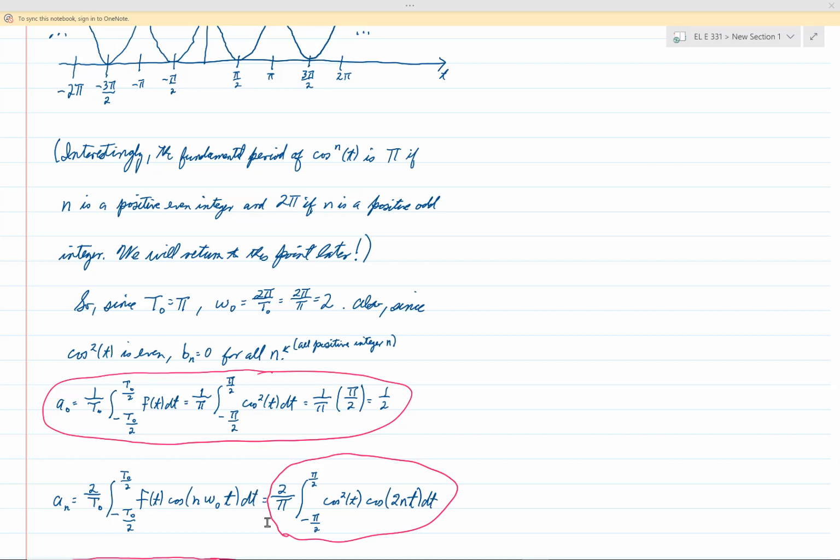And so in this case, since t naught is equal to pi and omega naught is equal to 2, that will become 2 over pi times the integral from minus pi over 2 to pi over 2. And then, of course, f of t in this case is cosine squared t. And as I said, omega naught is equal to 2, so this is cosine of 2 n t dt.